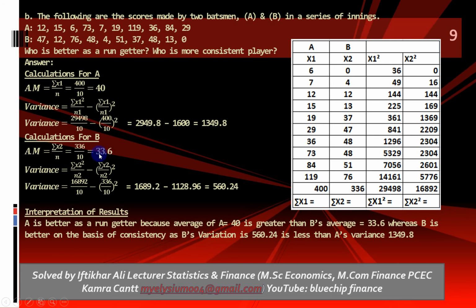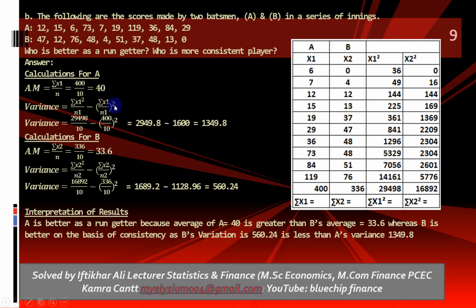But hold on, this will not be a right decision. First of all, we will calculate the variance, because variance defines the dispersion of this data, and more variance indicates more risk.